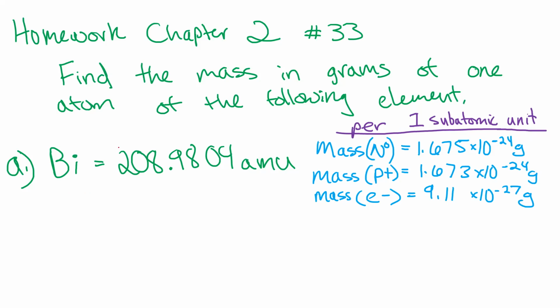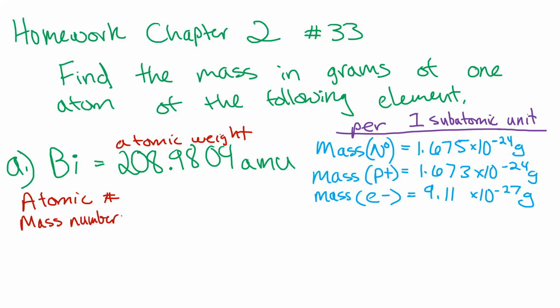Actually, we have the atomic weight. This is the atomic weight. What we need is the atomic number, and the appropriate term here would be the mass number. There's a slight difference between the mass number and the atomic mass or atomic weight.